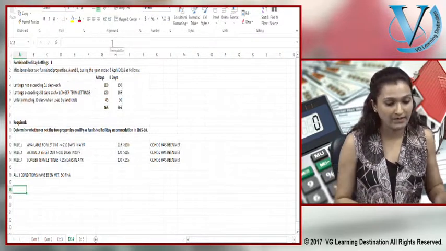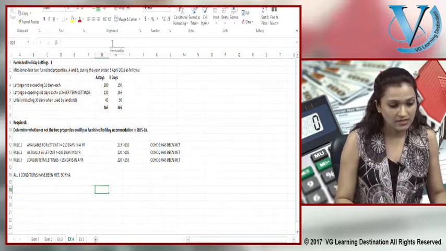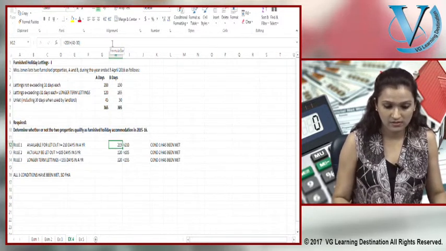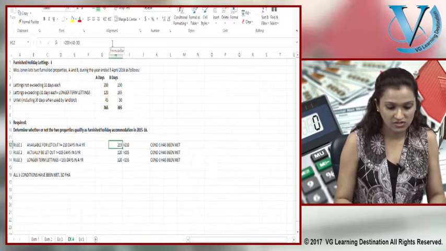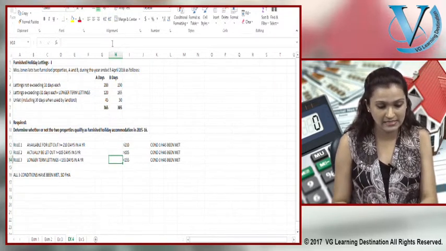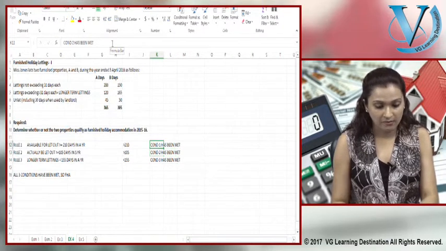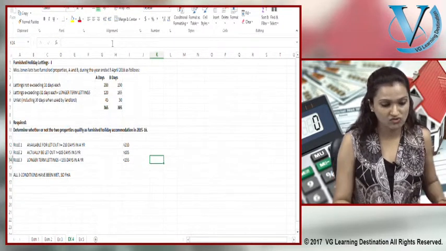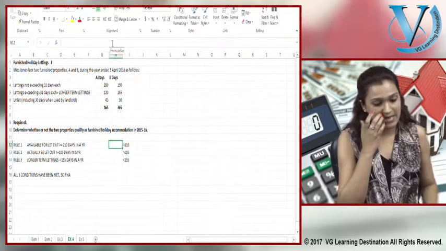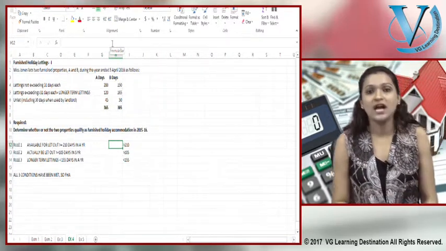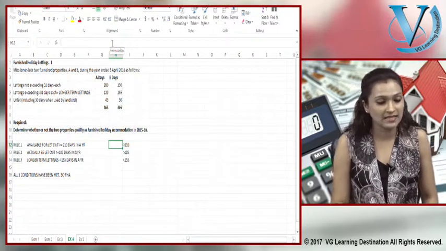What about property B? Let's have a look at the same 3 rules for property B as well. So let me just erase this for you, so it becomes clear to us. Right. Rule number 1 says that it should be available for let out at least 210 days in the year.